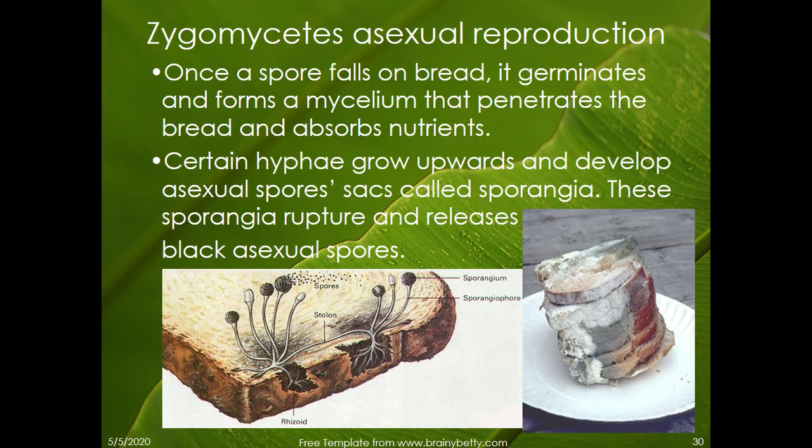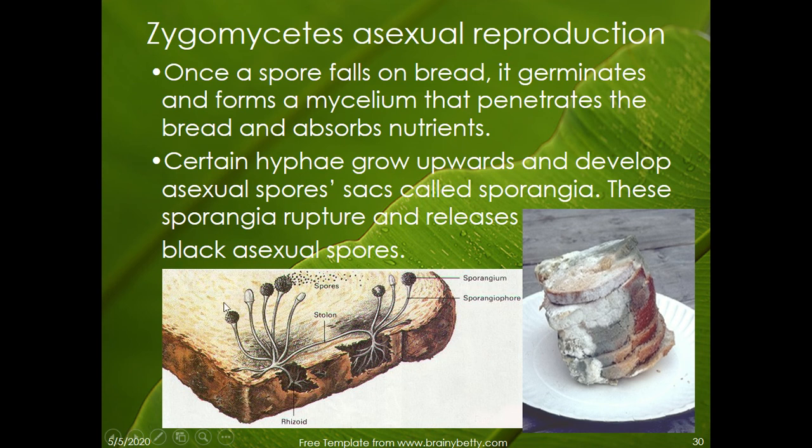Zygomycetes can reproduce in two ways, sexual and asexual. First we look at asexual reproduction. Once the spore, dispersed by wind or animals, falls on the bread, it will germinate and form a mycelium that penetrates the bread, as you can see here, and absorbs the nutrients.